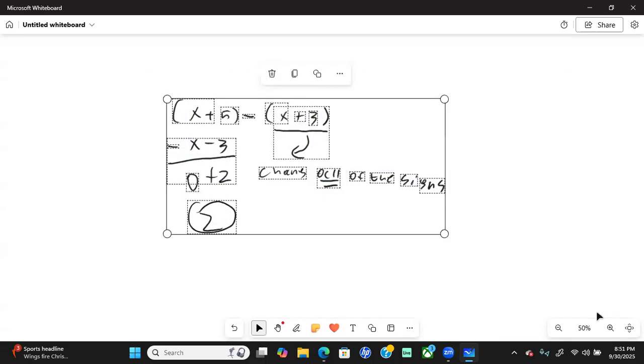Then from there, we were taught to multiply polynomials. So if I have x times x squared minus 3, this distributes into everything.